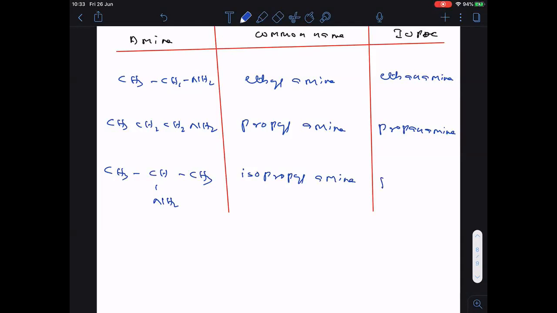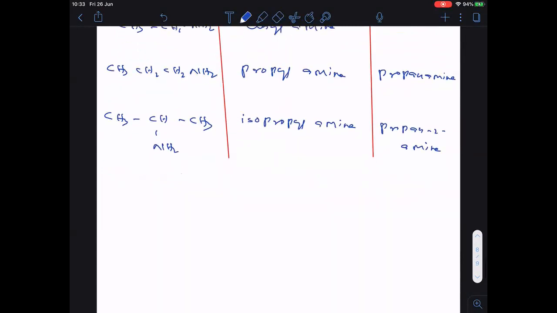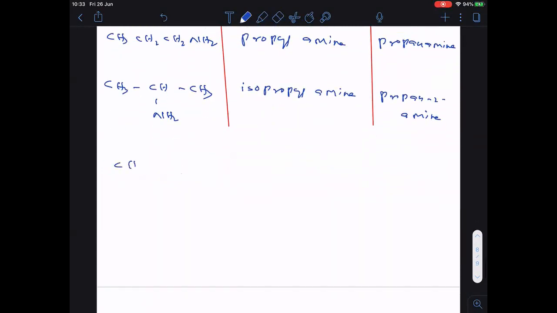So what is its name then? It is said to be propan-2-amine, propan-2-amine according to the IUPAC system. Then how to name the secondary and tertiary amines?